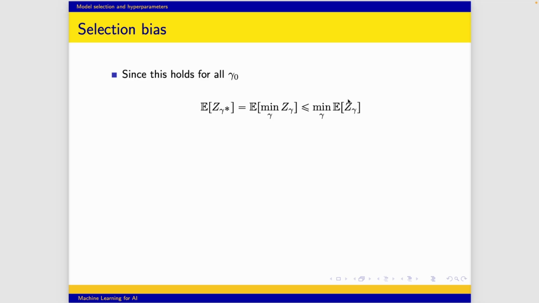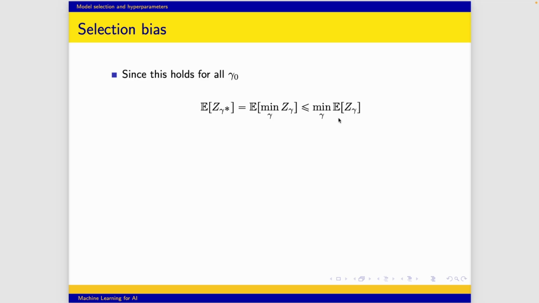This expected value is a more reliable estimate because it averages over all random samples. So it's giving us a truer reflection of what would be the risk associated with a particular gamma, a particular hypothesis class. And then for each of these, we can take the minimum of this expected value, this average over all random samples.